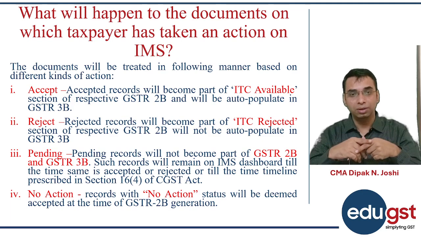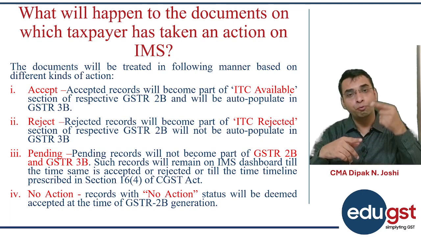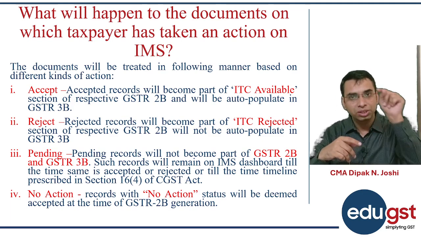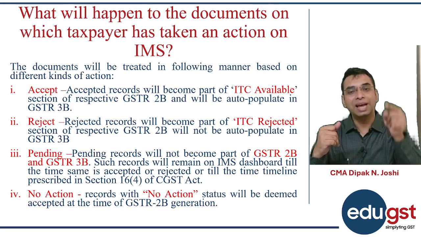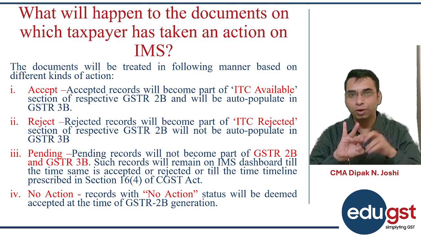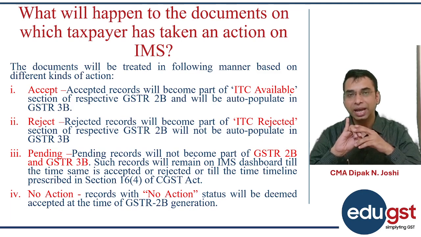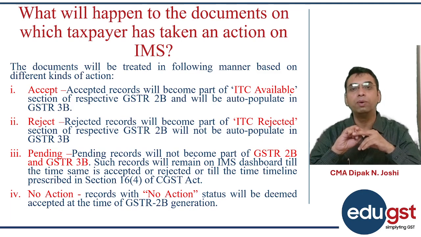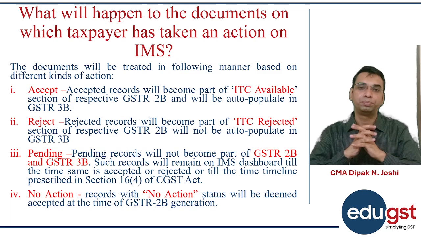In future, based on this action, one more tab will be added to the GSTR2B, which will be called ITC rejected. So now a total of 3 tabs will be there. First will be ITC available, second ITC not available, and third will be ITC rejected.